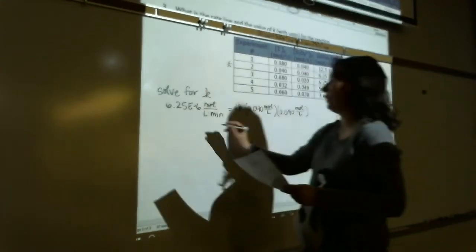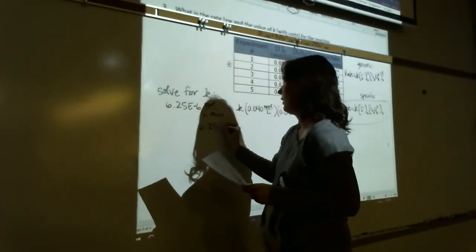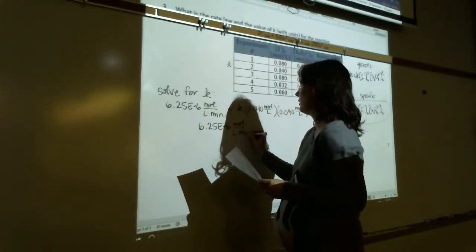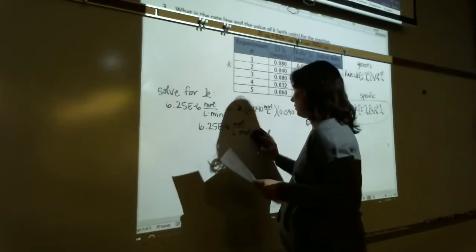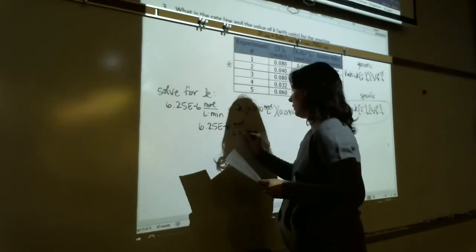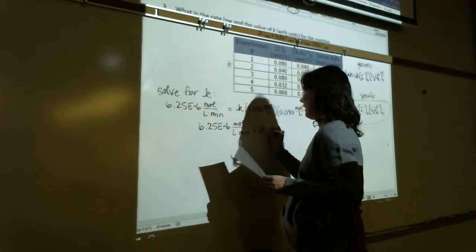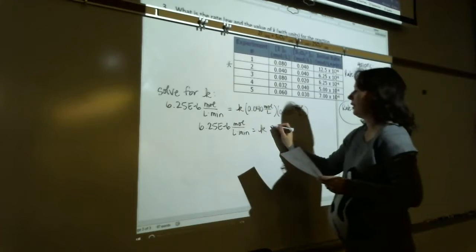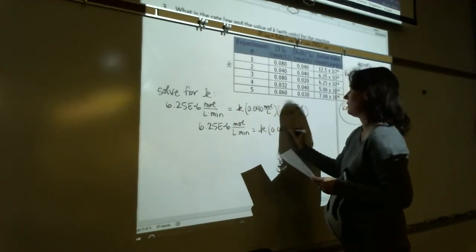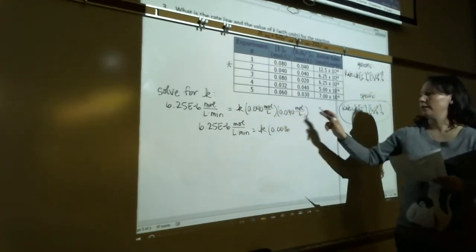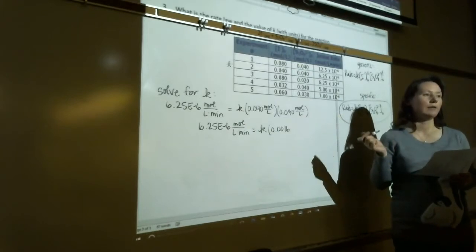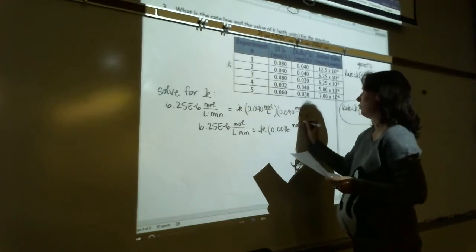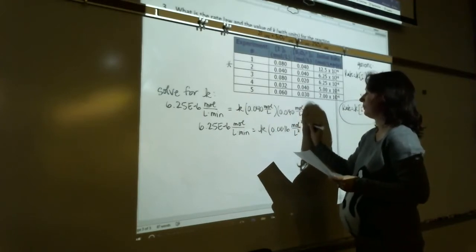So this comes straight down, 6.25 times 10 to the negative 6 moles per liter minute is equal to K. Now 0.04 times 0.04, that's easy arithmetic, that's just 0.0016. What are my units going to be? Moles per liter times moles per liter gives me moles squared per liter squared.